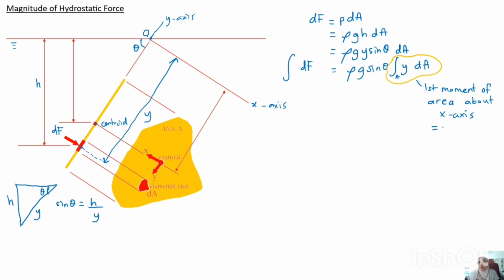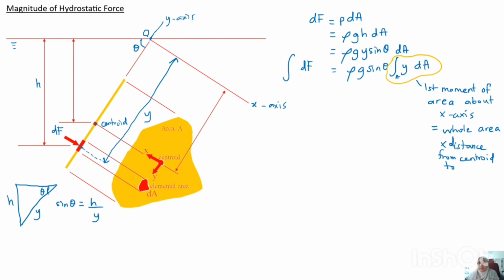It is equal to the whole area times the distance from the centroid to a reference line, where the reference line in this case is the x-axis.